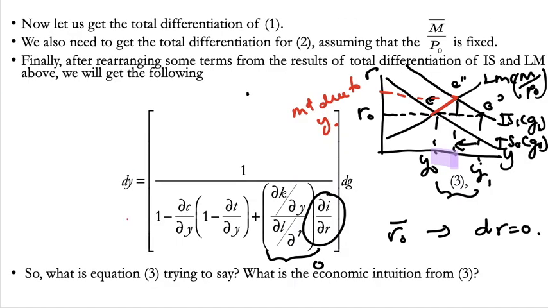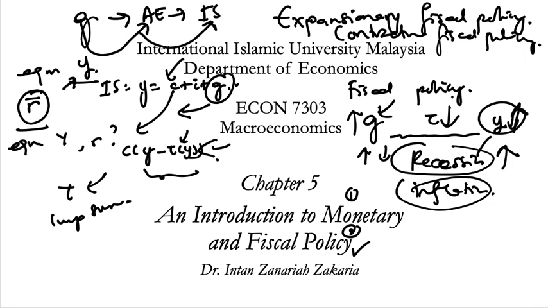Right. Yes. And what happens to that? So do it as your exercise. So this is how we talk about introduction to monetary and also fiscal policy at your level. We use a lot of mathematics.